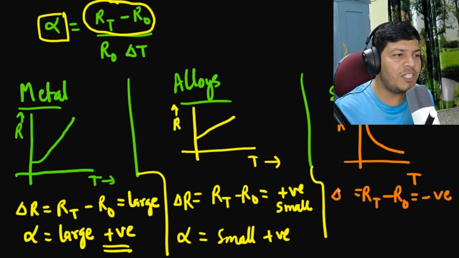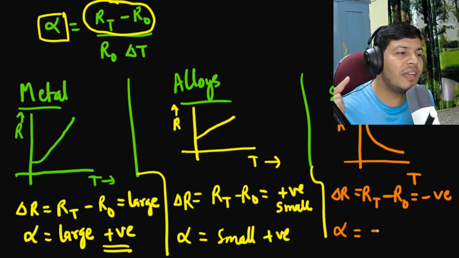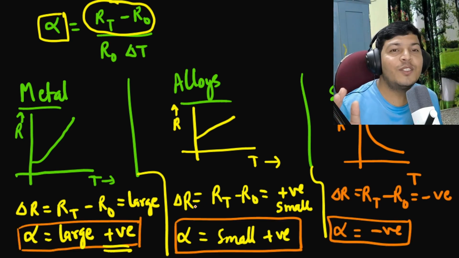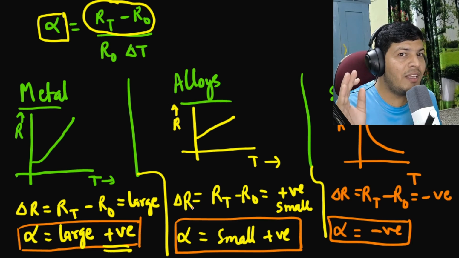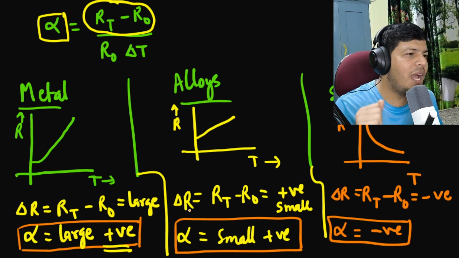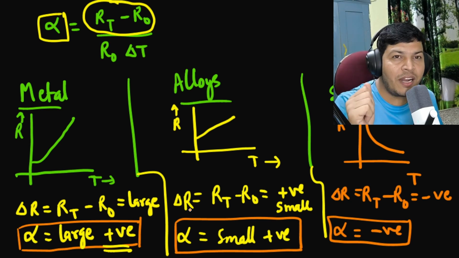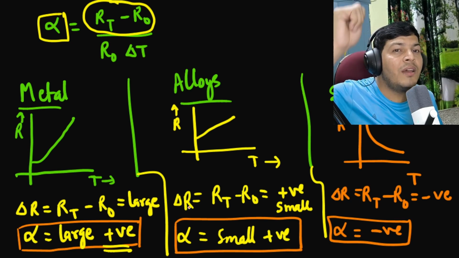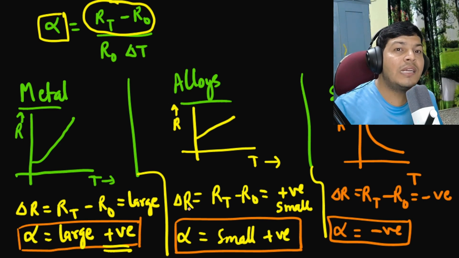So this change in resistance is negative here. As delta R is negative, alpha will be negative. I'm going once again. Alpha for metal is large positive. Alpha for alloys is positive but small, and alpha for semiconductor is negative, because on increasing the temperature, resistance of the semiconductor decreases. That is why it is negative.